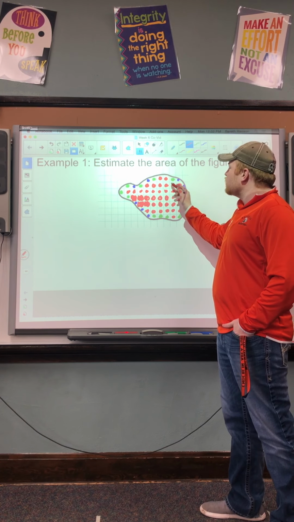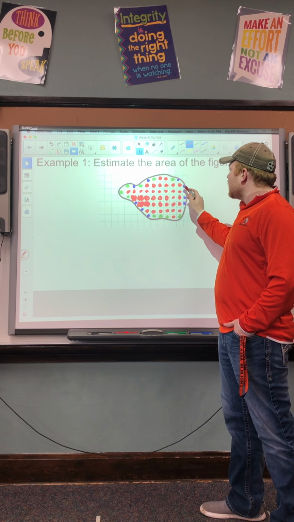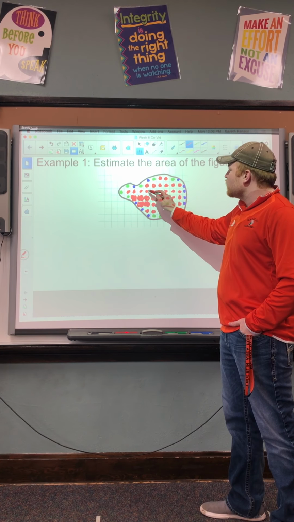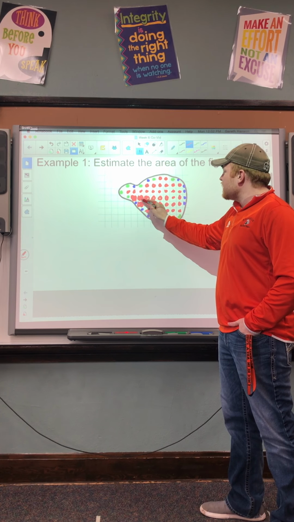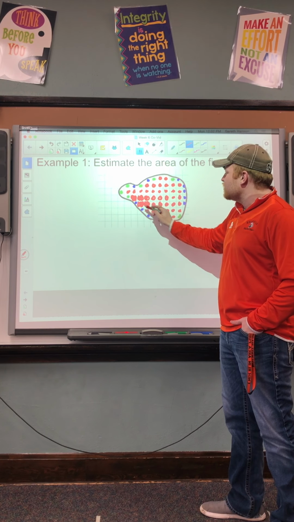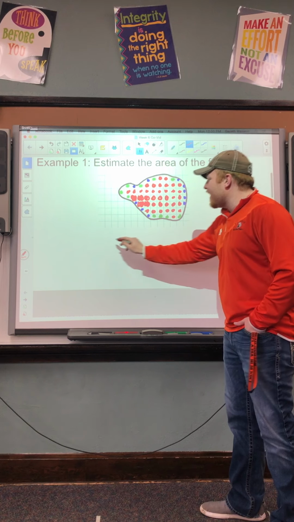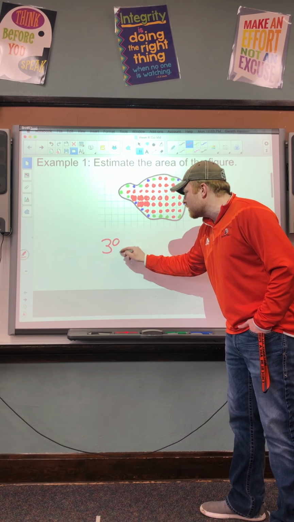So count up the whole squares, the red part. There's 1, 2, 3, 4, 5, 6, 7, 8, 9, 10, 11, 12, 13, 14, 15, 16, 17, 18, 19, 20, 21, 22, 23, 24, 25, 26, 27, 28, 29, 30, 31, 32, 33, 34, 35, 36, 37, 38, 39 total whole squares.